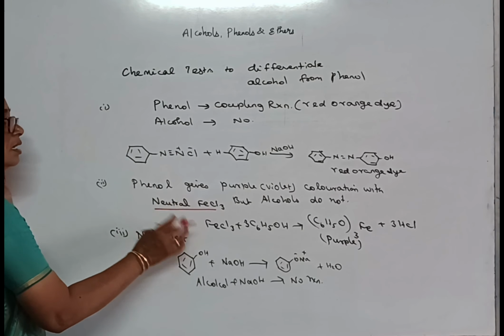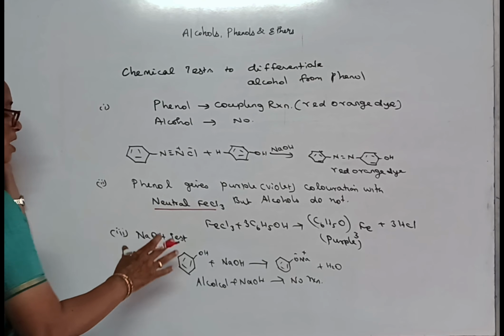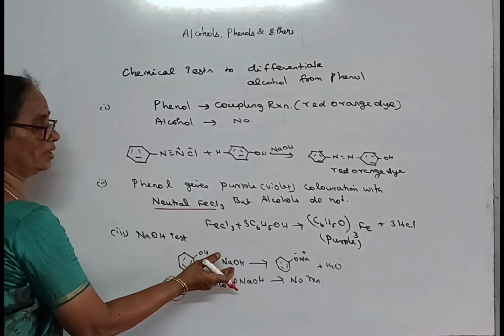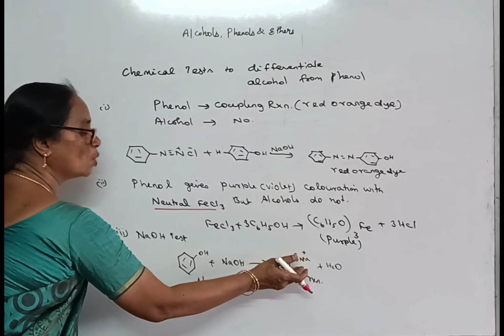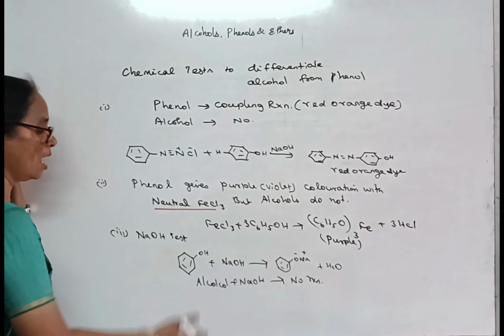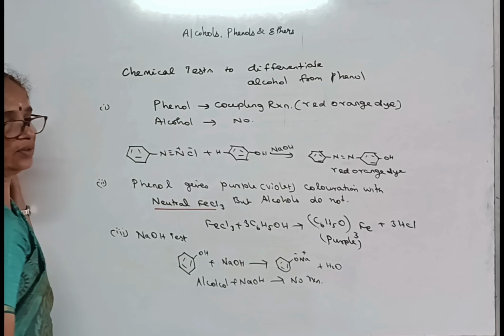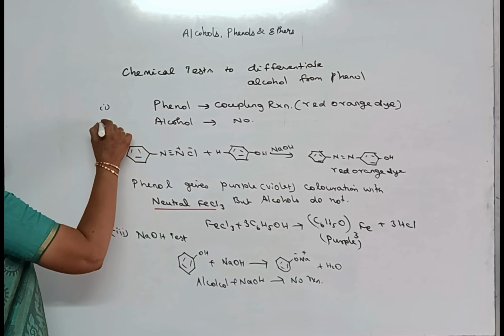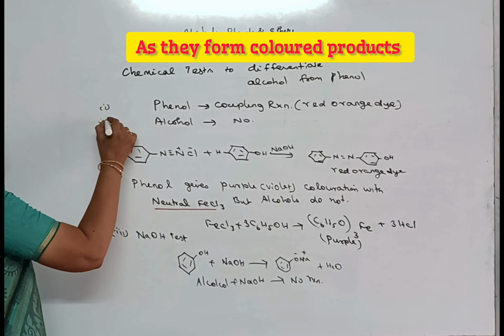But alcohol does not react with ferric chloride. In the sodium hydroxide test, we know well, phenol reacts with bases to form sodium phenoxide and water, but alcohol does not react with sodium hydroxide. Besides the sodium hydroxide test, the coupling reaction and the neutral ferric chloride reaction are the best methods for the distinction of alcohol from phenol.